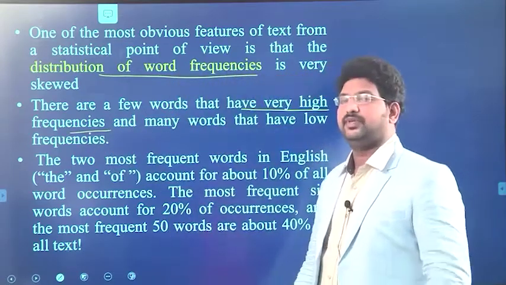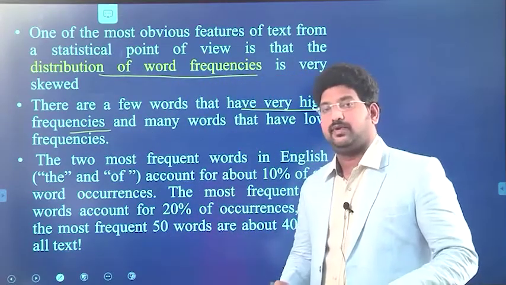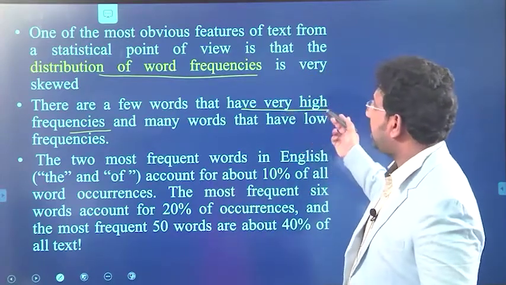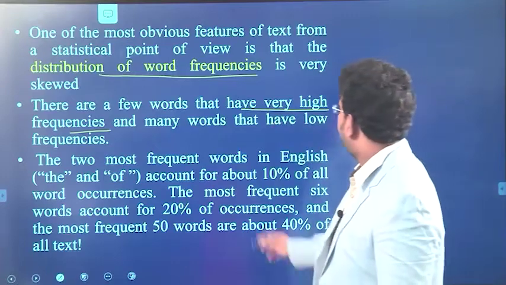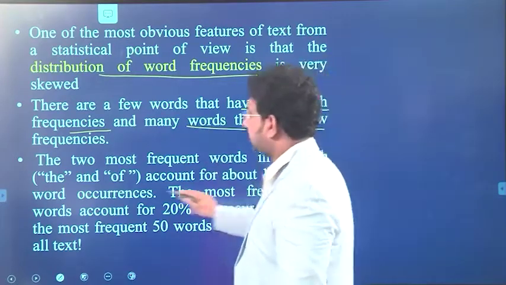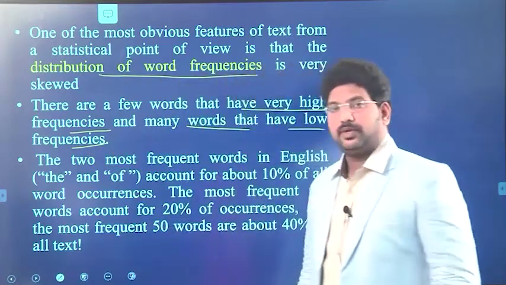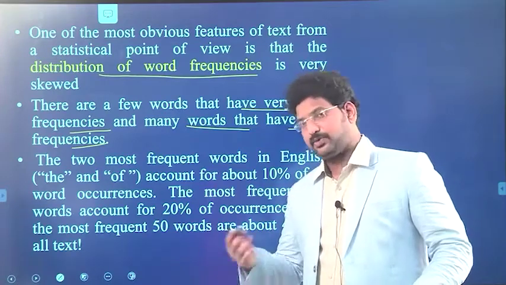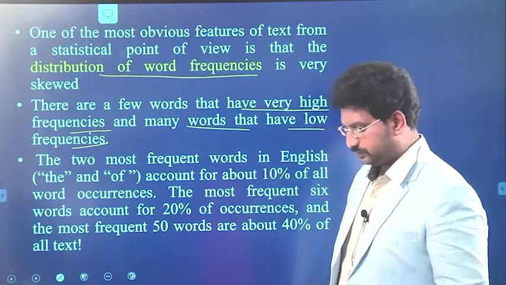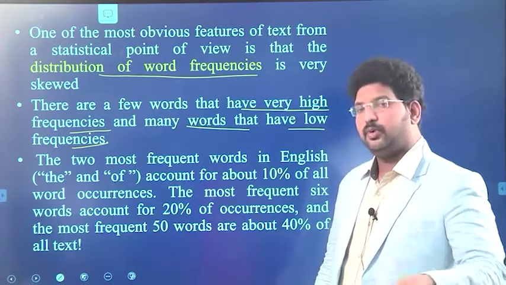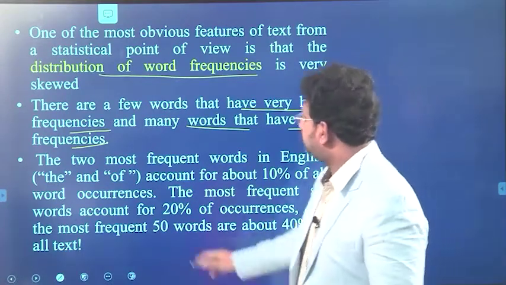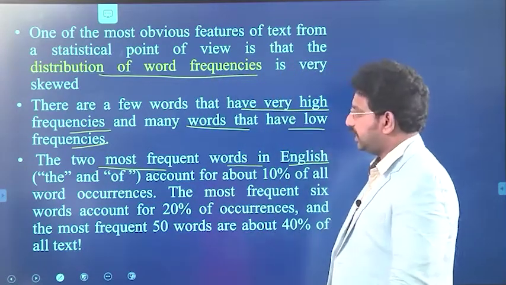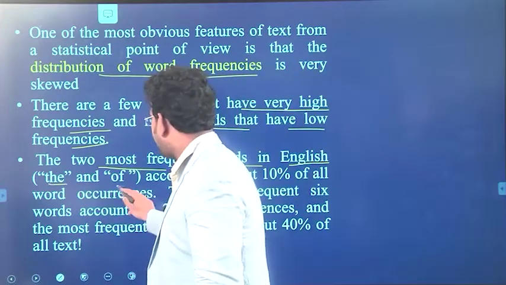If you observe some documents, some words occur very frequently, and many words have low frequencies also. Those documents have more frequent words and also less frequent words. In most documents, the two most frequent words in English are the and of.